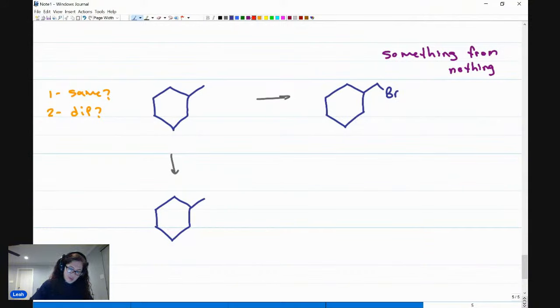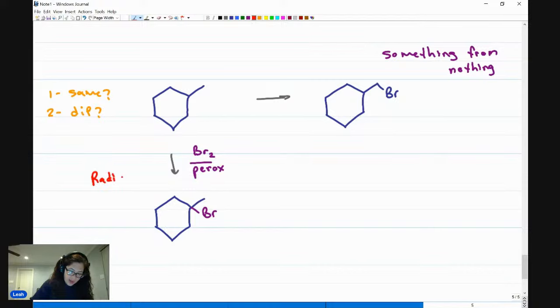And someone had asked previously about Br2 and peroxides. So let's show that one right here. If I have Br2 and peroxides, I will have a bromine adding to the most substituted position, which is, in this case, right over here. This is from the radical chapter.